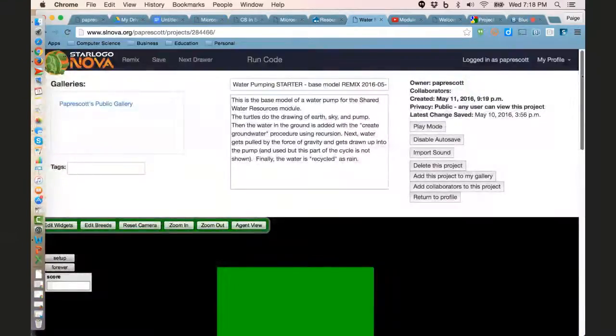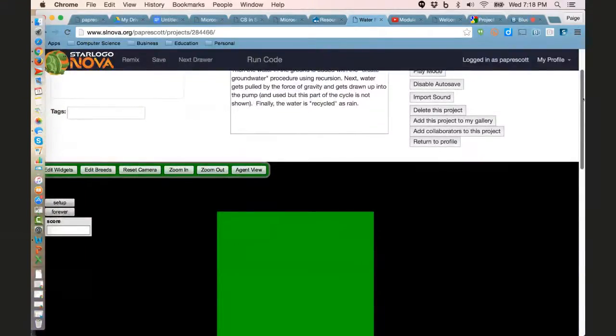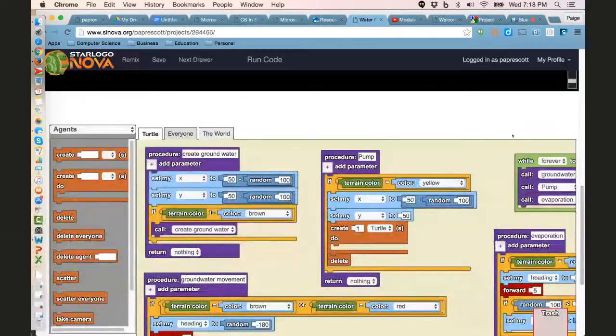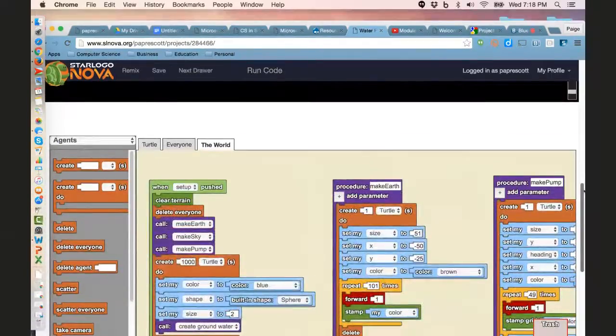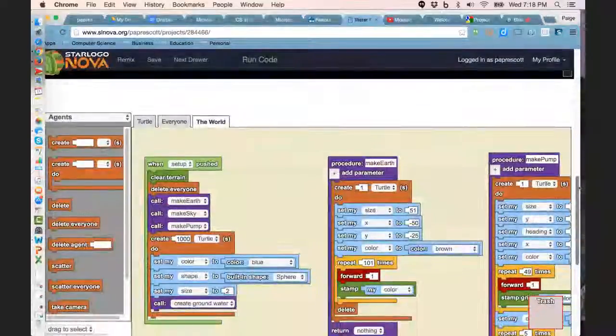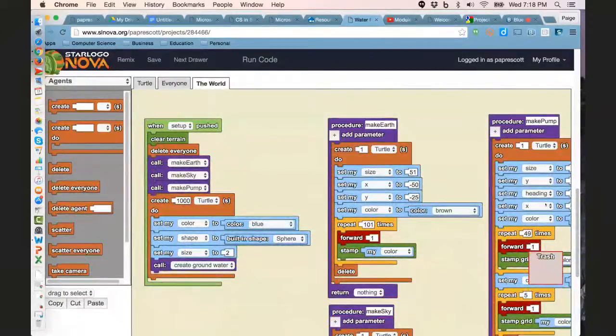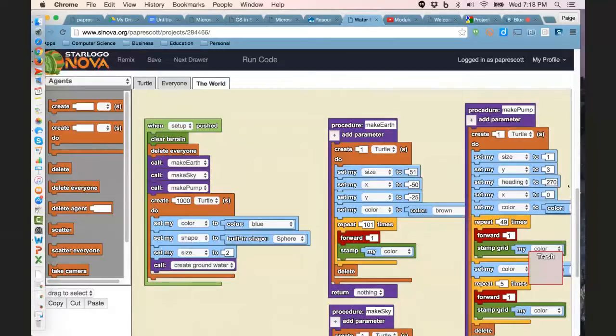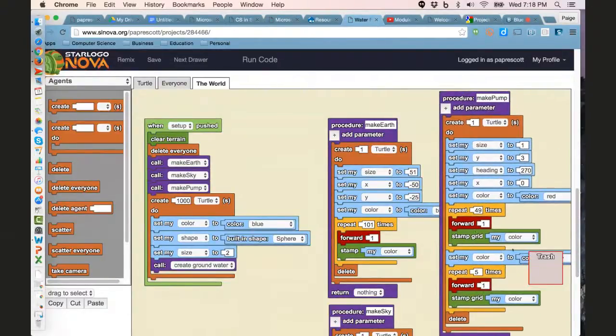And the way that you'll do that, there is a video that walks you through this, but basically in the world is the setup, and you can see that there is the make pump procedure that is called here in the setup, and the students would make a second pump that is with a different X and Y. And if you want to get fancy, you could make it a different depth.